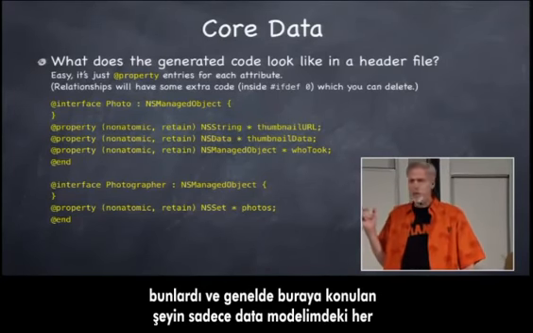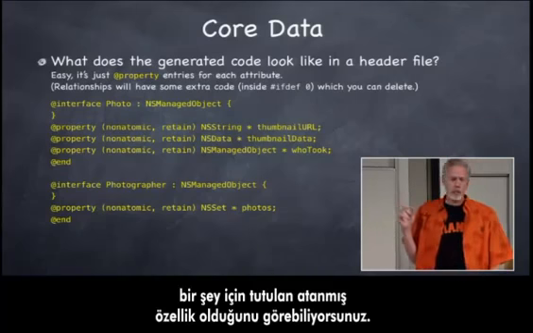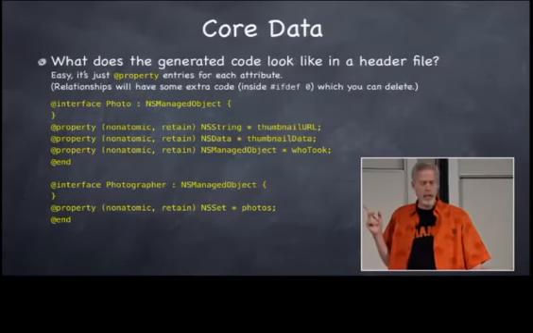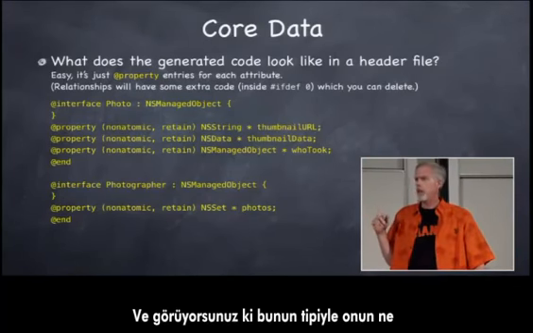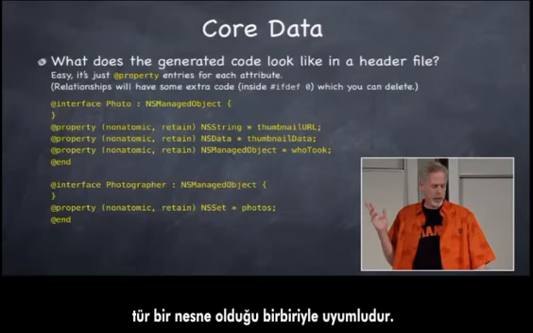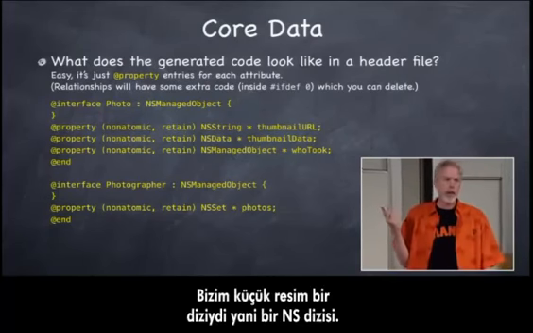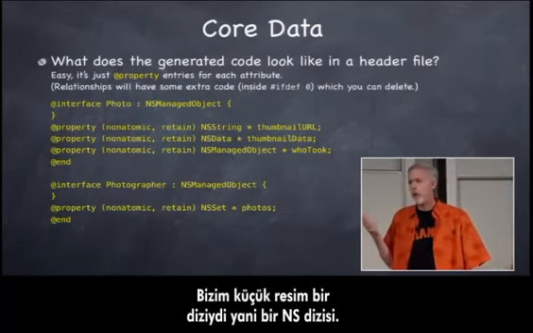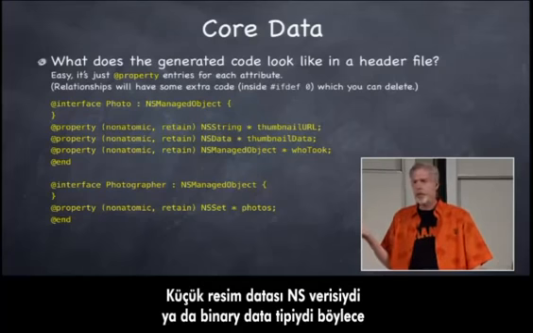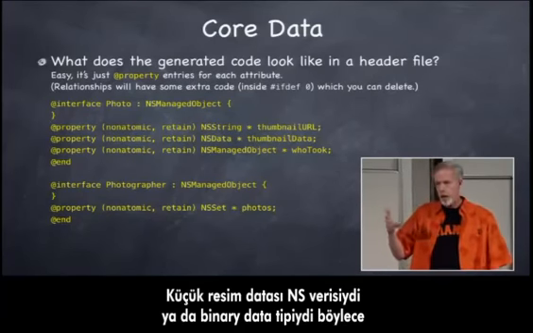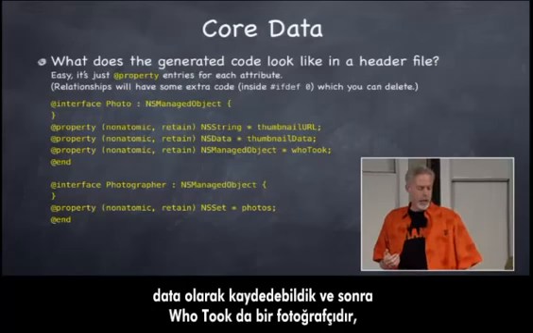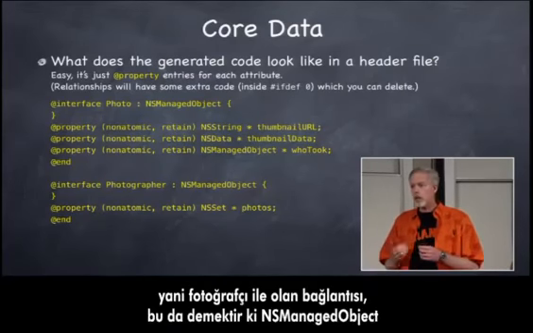You can see that mostly what gets put in there is just @property retain for each of the things in my data model. And you can see that the type of it is appropriate to what kind of object that is. Our thumbnail URL was a string, so it's an NSString. Thumbnail data was a binary data type, so it gets NSData. And then whoTook is a photographer, right?